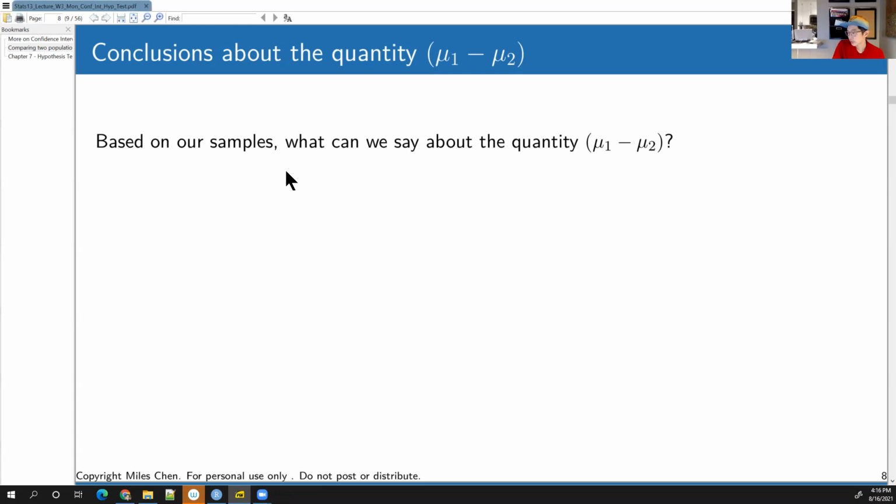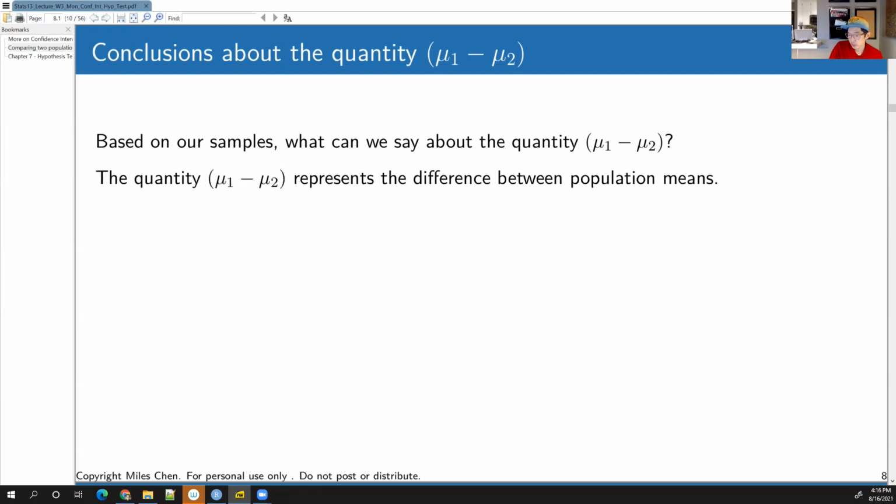Okay. So our question here is, based on our samples, what can we say about the quantity mu1 minus mu2? That quantity, mu1 minus mu2, represents the difference between the population means. So population 1 has mean mu1, population 2 has mean mu2. Mu1 minus mu2 is the difference between the means of the two populations.